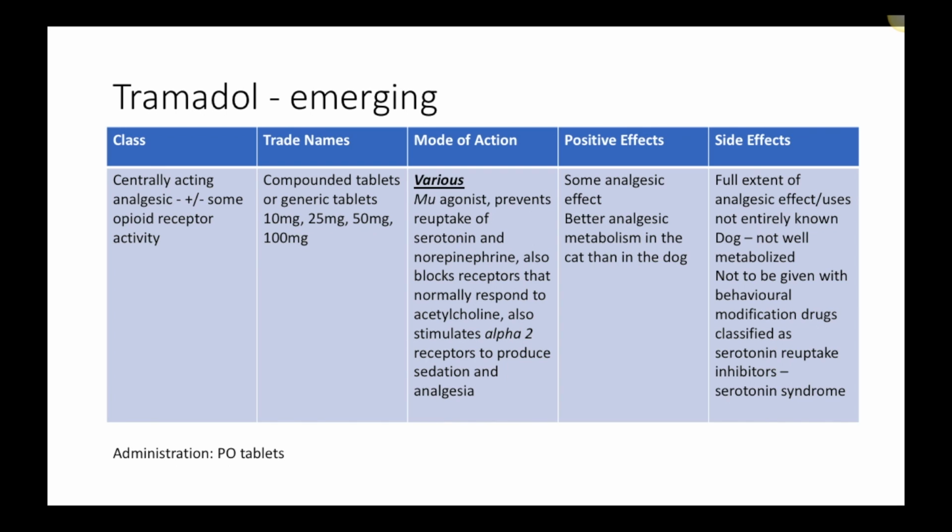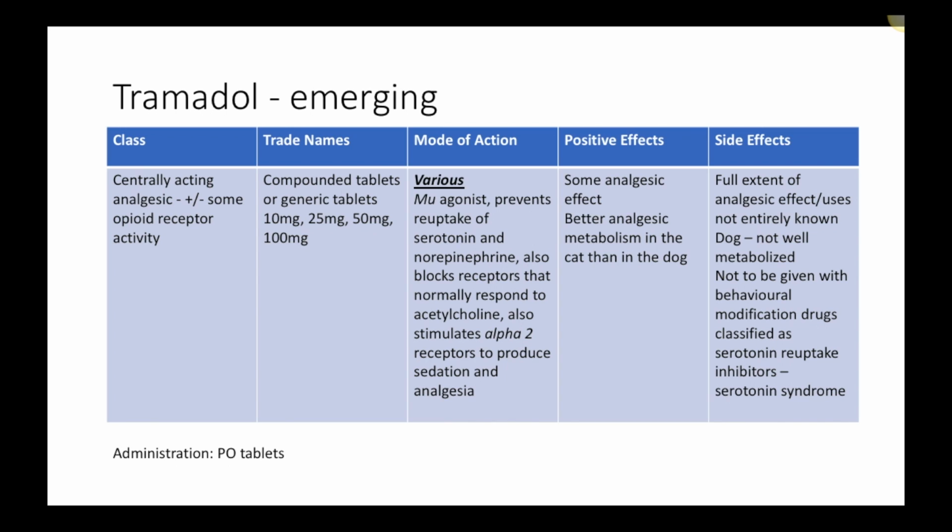Also, it stimulates alpha-2 receptors to produce sedation and analgesic. So it is not a straightforward drug, and it's definitely not a straightforward opioid at all. We do consider it essentially an opioid or an opioid derivative or a subtle opioid, so we do tend to consider it as a controlled drug in most clinics because it has some opioid receptor activity.